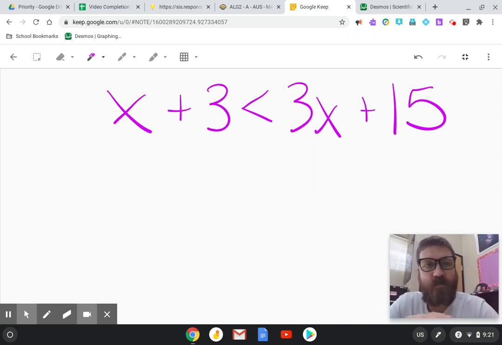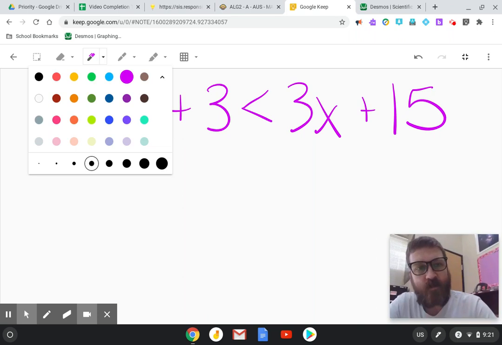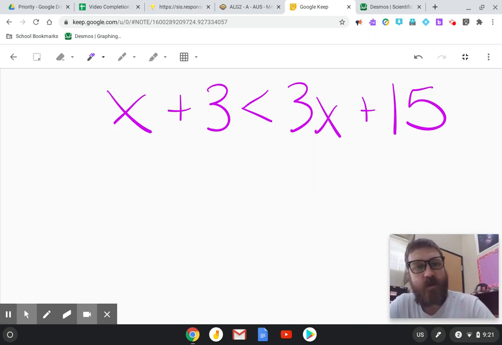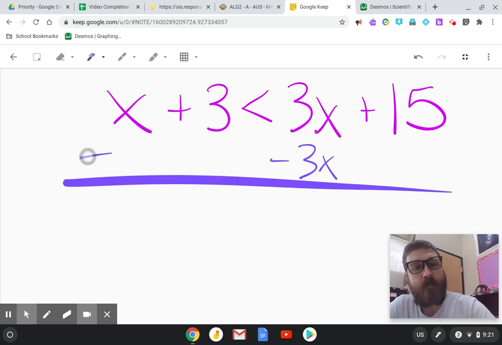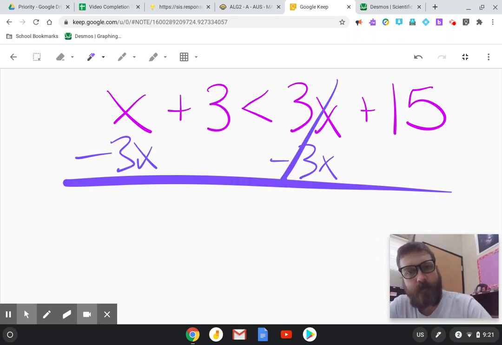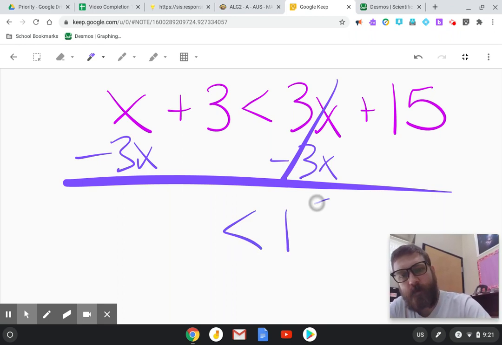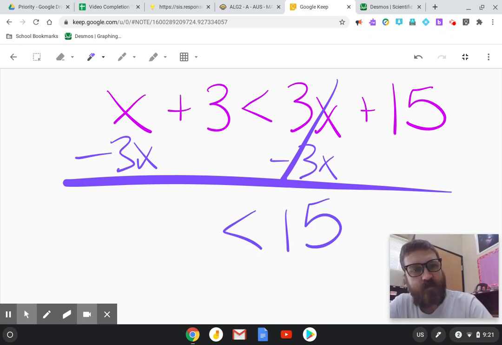Now the process for solving this is the same as what we've been doing. So we're just going to jump right into that. I'm going to subtract 3x from both sides. x minus 3x. This might be a little confusing, but remember there's an imaginary 1 in front of that x, so this is 1 minus 3.